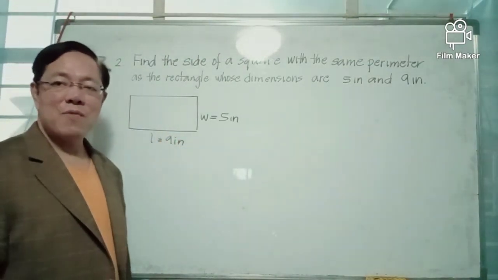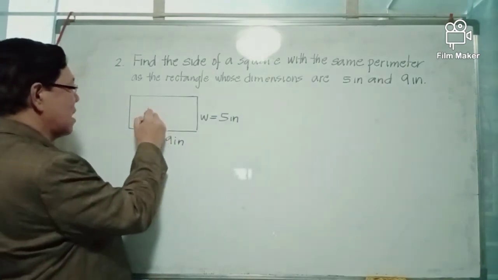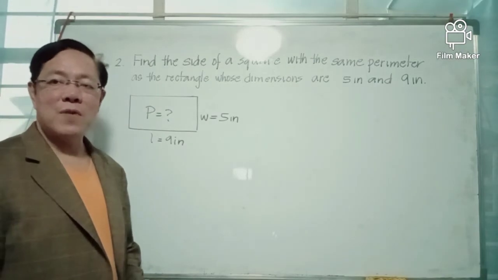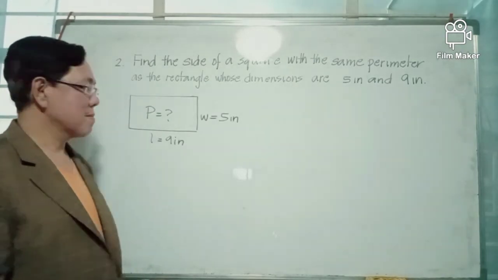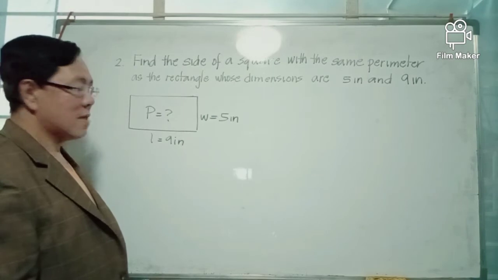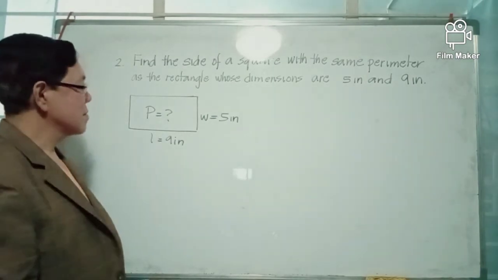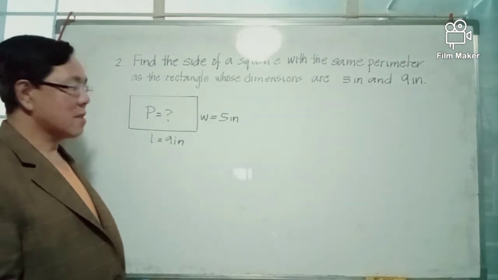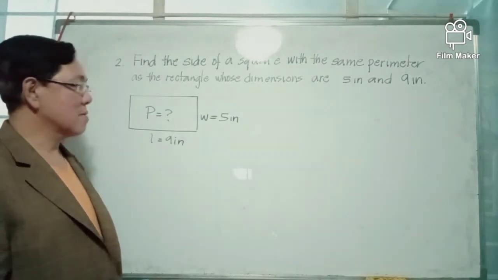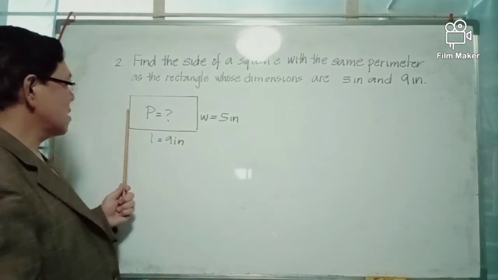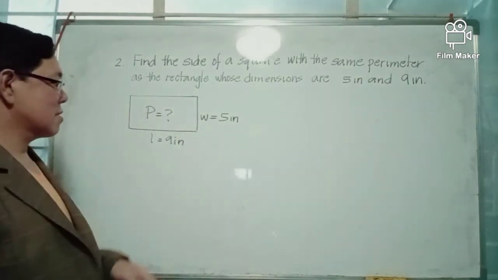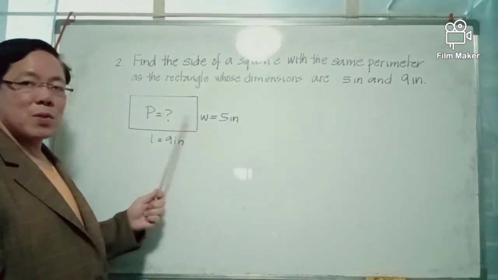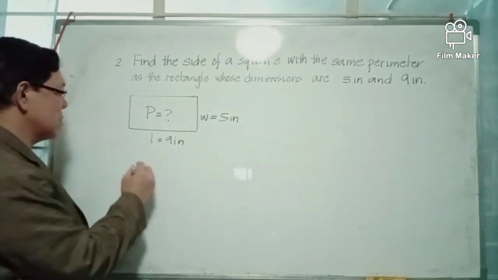And by definition, the perimeter of this rectangle is the sum of the dimensions of the rectangle. And the rectangle has 4 sides, but it has 2 pairs of equal sides. The first pair of equal sides are these 2 parallel sides. So the length of these 2 sides will be W plus W, or 2W.